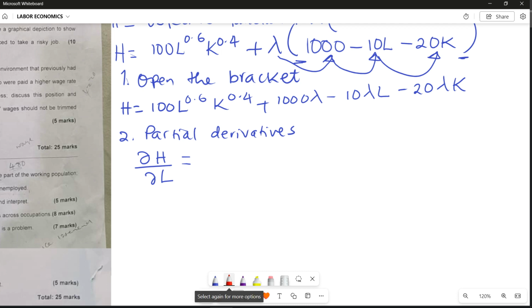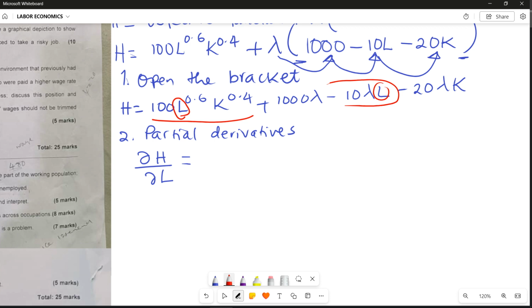Labor is featuring here, and it's also featuring there. Since we are talking about partial derivatives, we are going to only differentiate those terms where L is featuring.